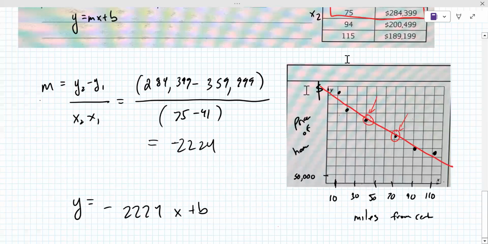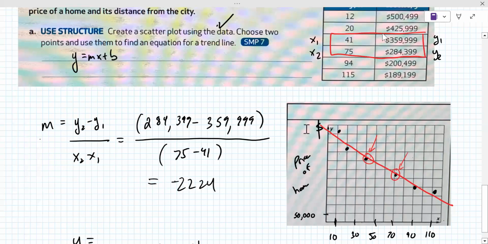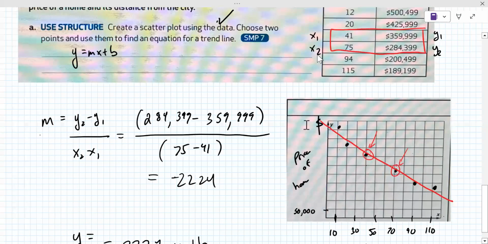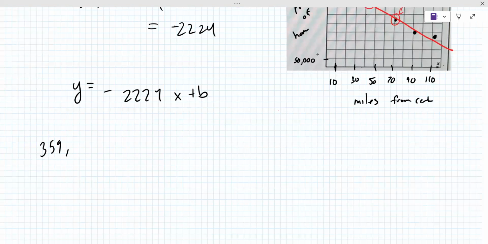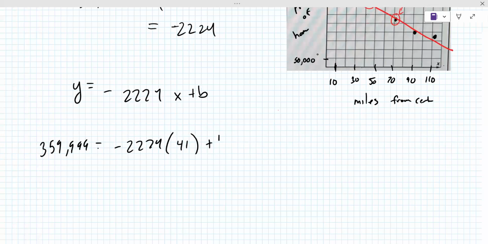So you have to use one of those ordered pairs you just found. Let's just use the first one. 359,999 equals minus 2,224 times 41 plus b. So you want to use this to solve for b.